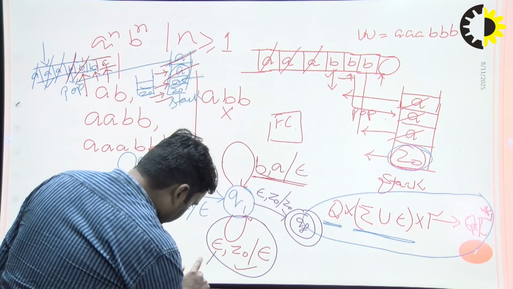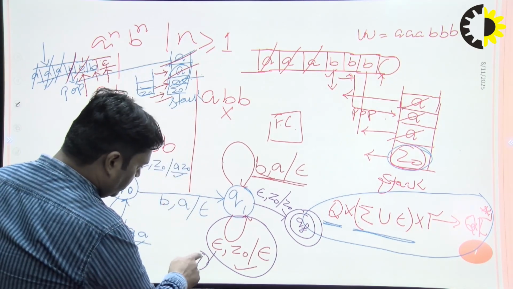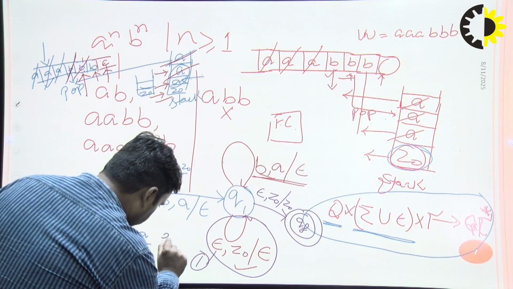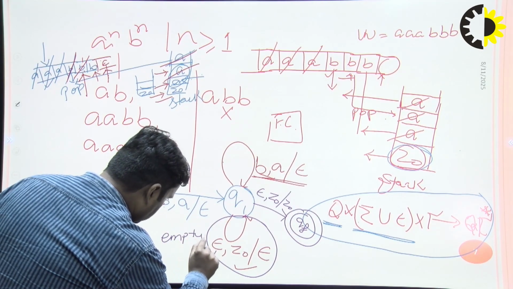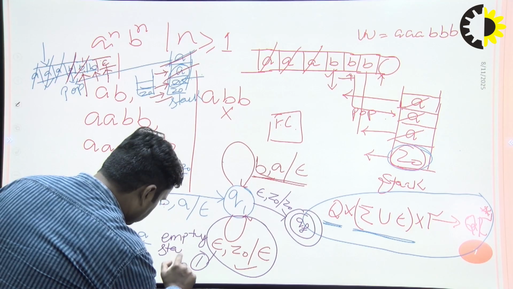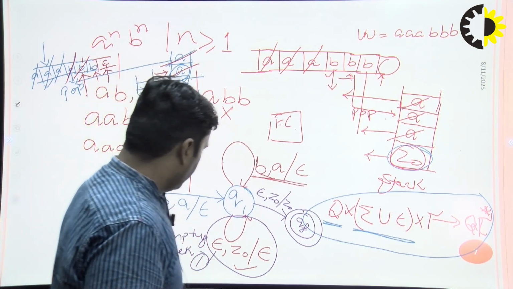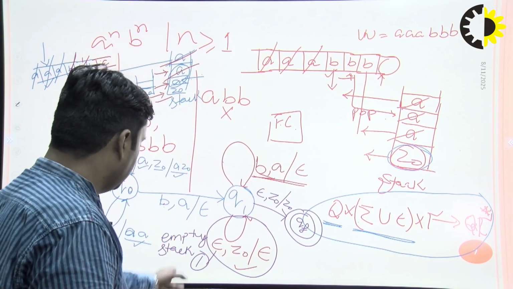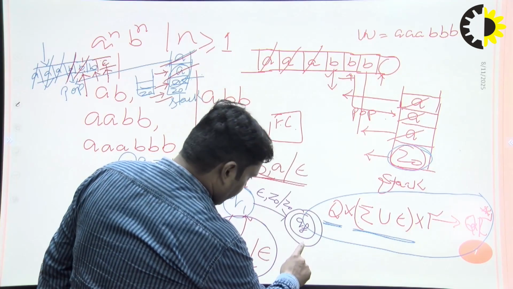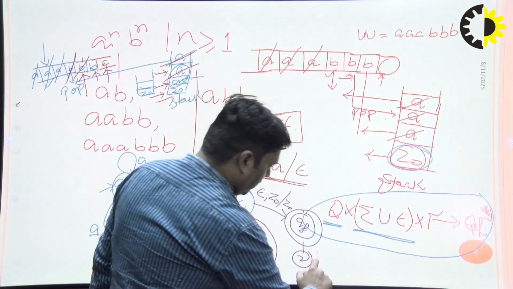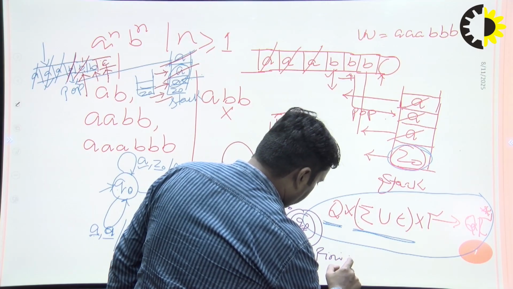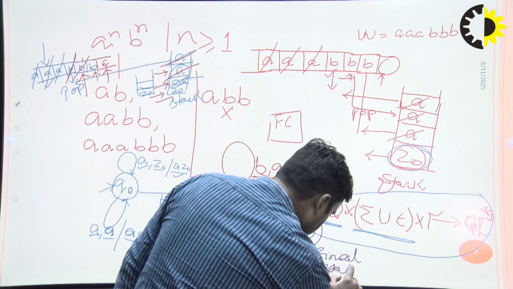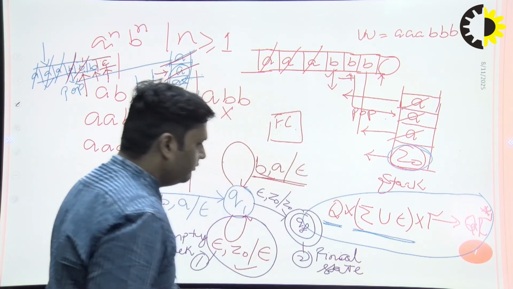So these are the two ways. The first way is with the help of an empty stack, where we get the output, which means we reach the final state. And the second way is with the help of a final state.